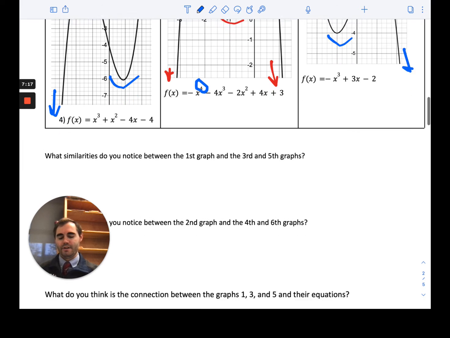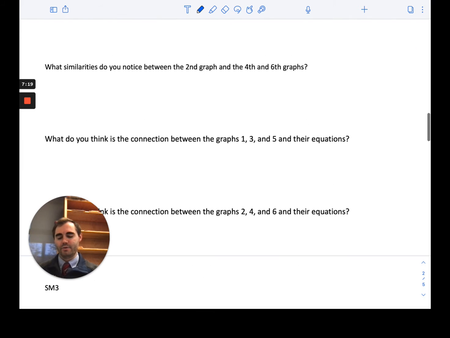So it turns out that when we have a polynomial that has an even degree, remember we talked about that in the 3.1 notes, then it means that our graphs are going to have some of that same similar shape to the x squared graph, where we have end behavior that looks something like this, right?